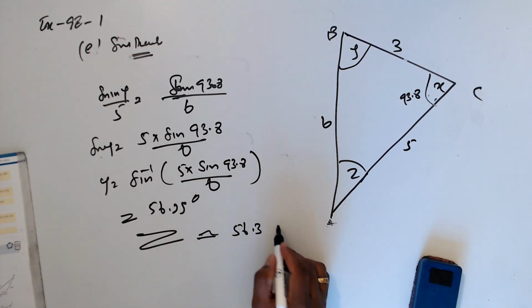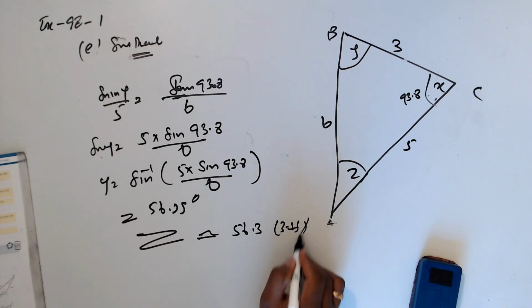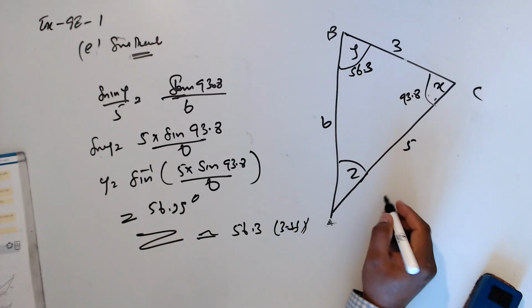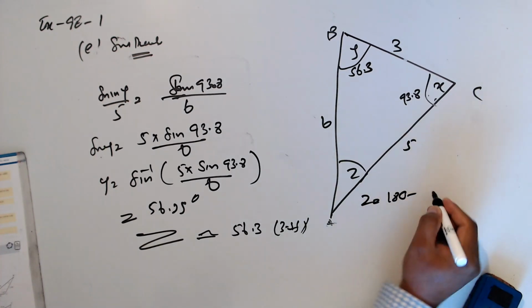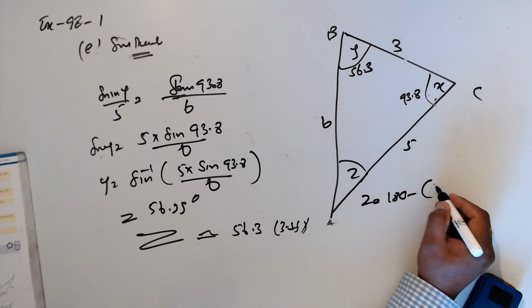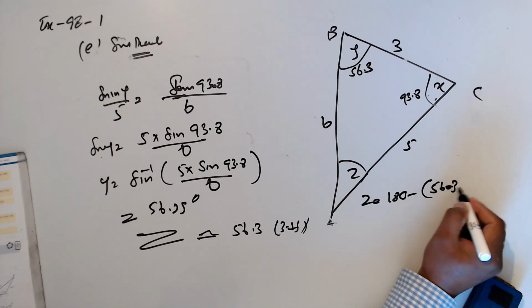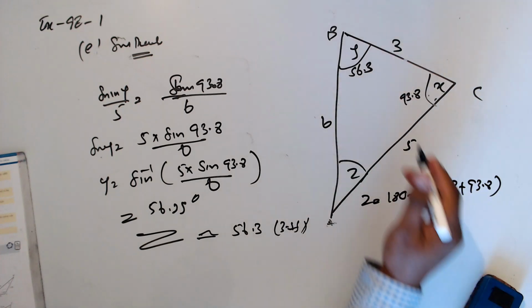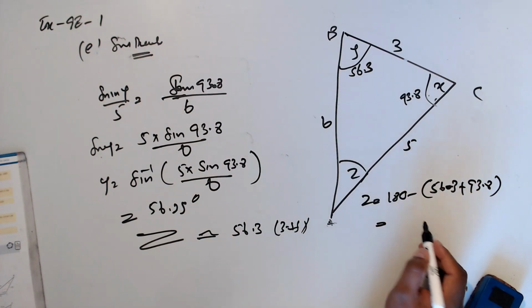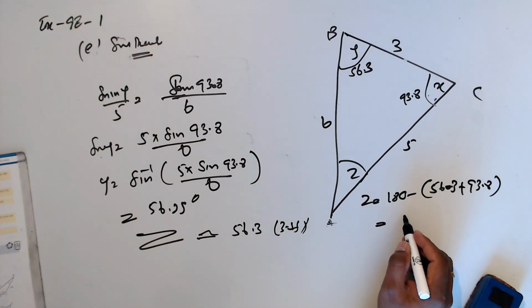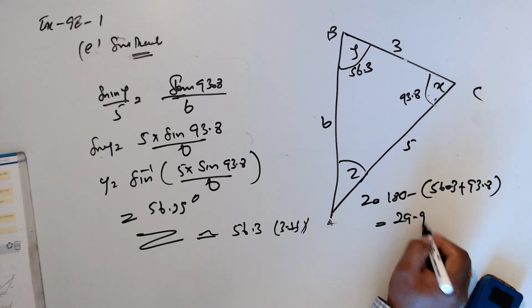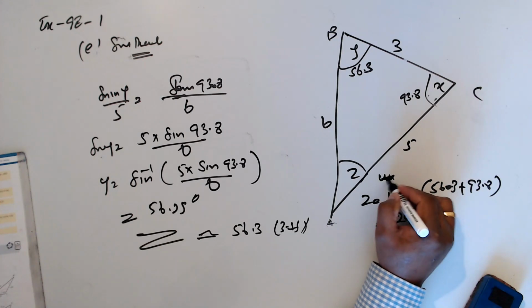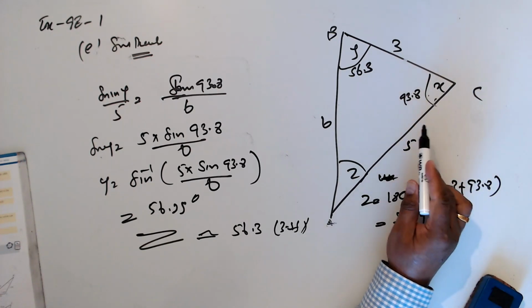56.3 to 3 SF. So this is 56.3. Then it is equal to 180 minus 53.3 plus 93.8, since angles in a triangle add up to 180, and this is going to be 29.9.